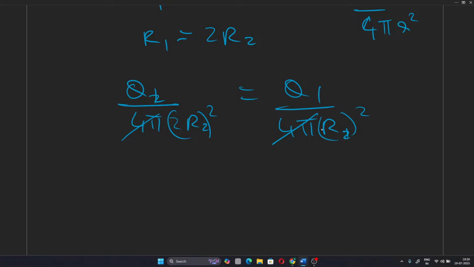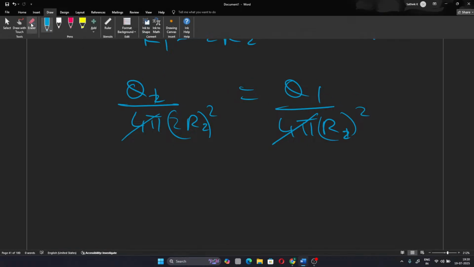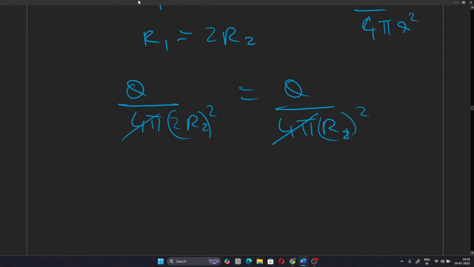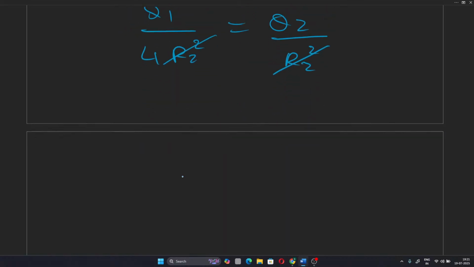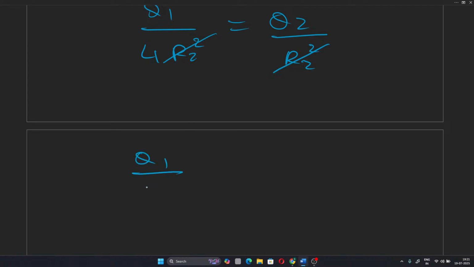This is q1 and this is q2. Now q1 by r1 square equals q2 by 4r2 square, so q1 equals 4 q2.